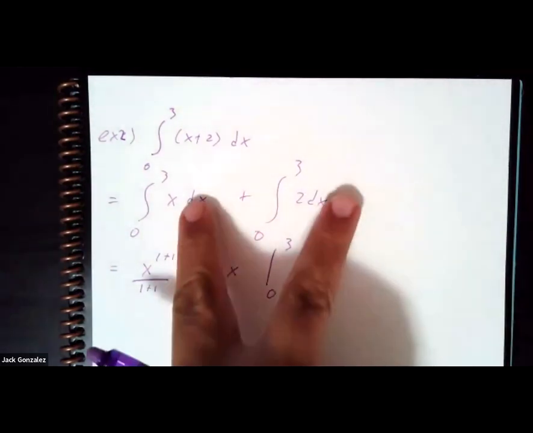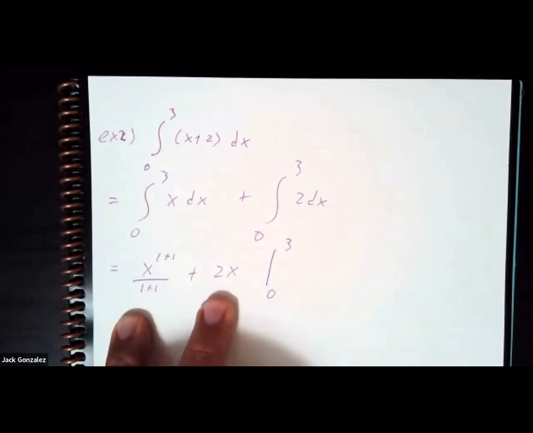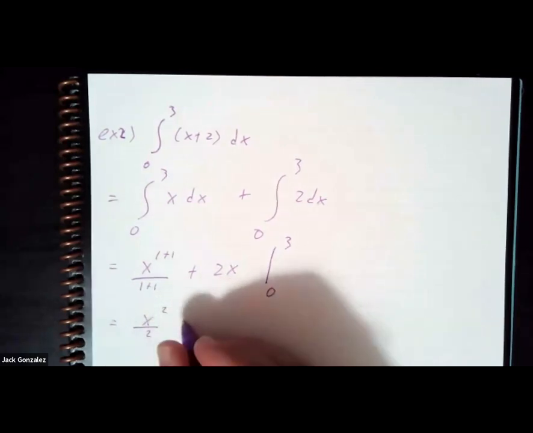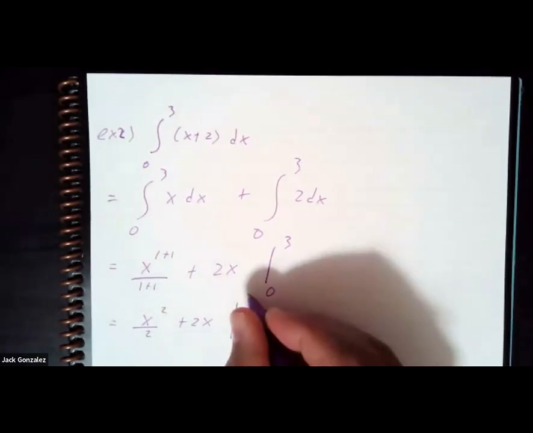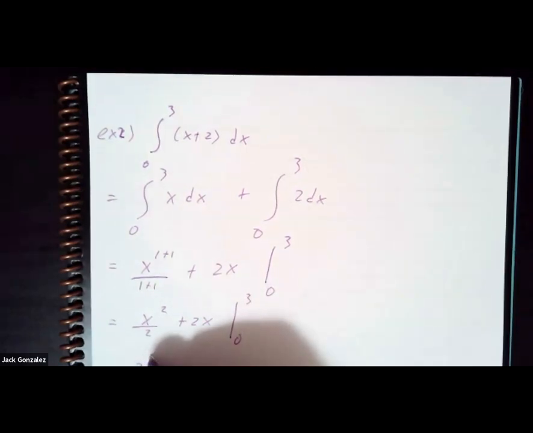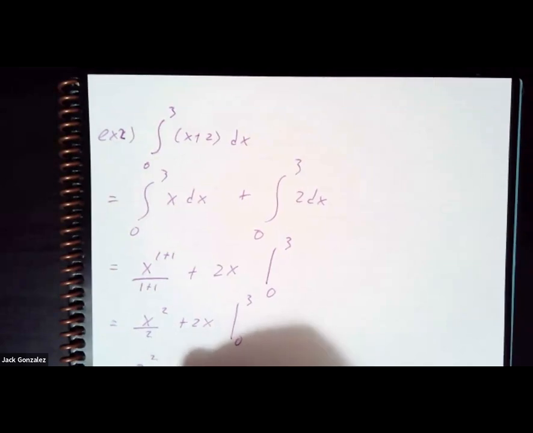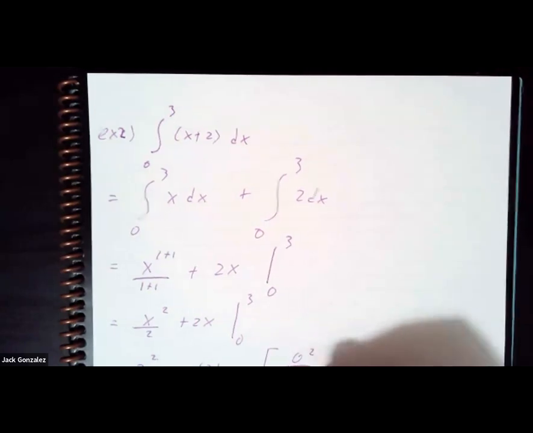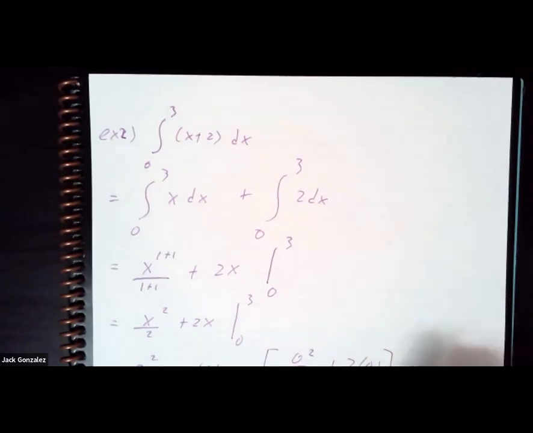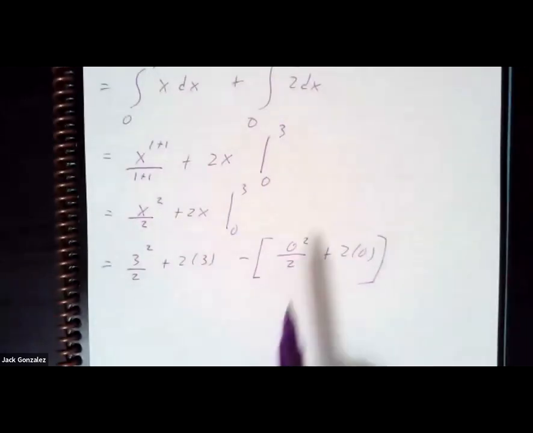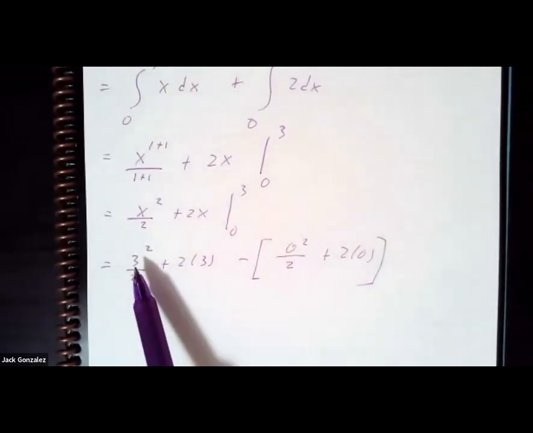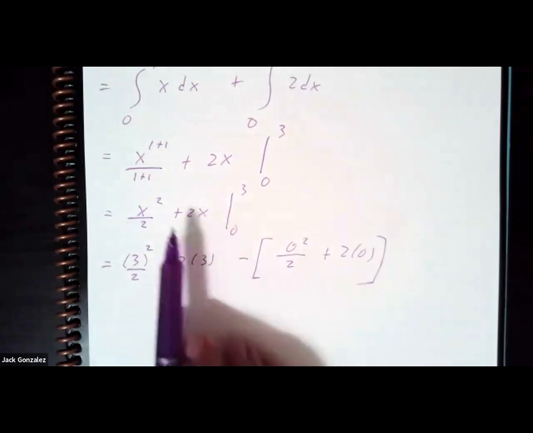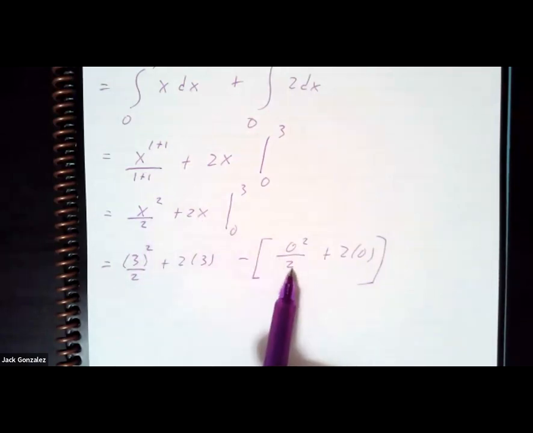So once you do the antiderivative, you stop writing the symbol. So we get x squared over 2 plus 2x from 0 to 3. That'll be 3 squared over 2 plus 2 times 3 minus 0 squared over 2 plus 2 times 0. So I'm just plugging in the upper bound into the antiderivative, and then minus that same antiderivative at the lower bound here.